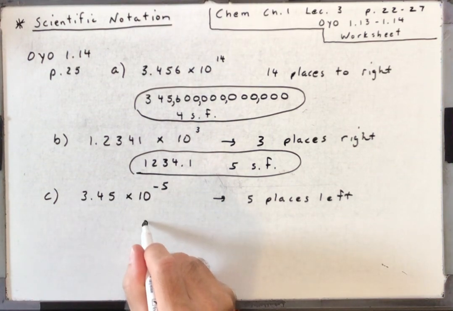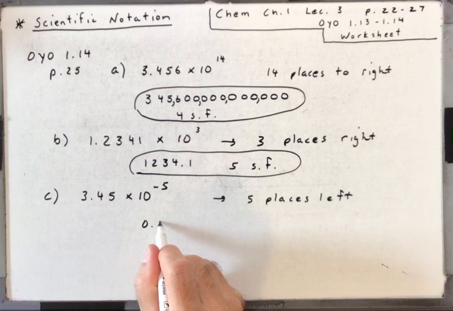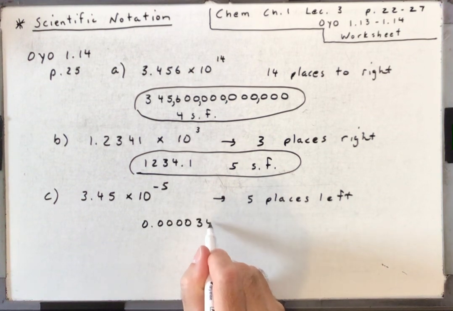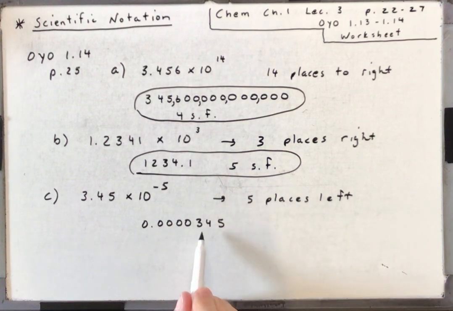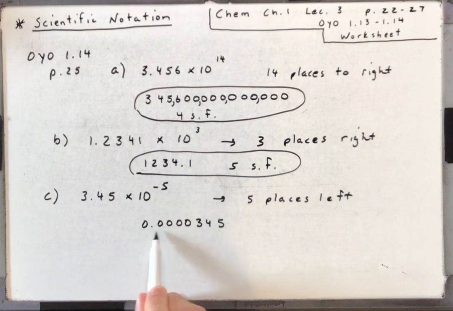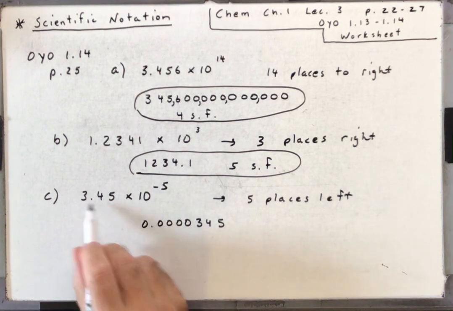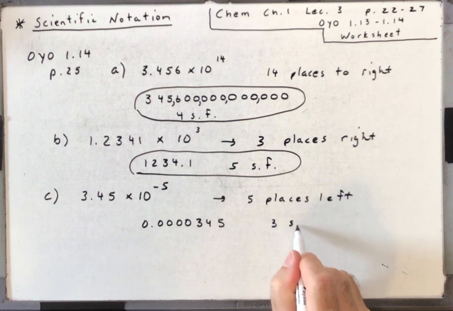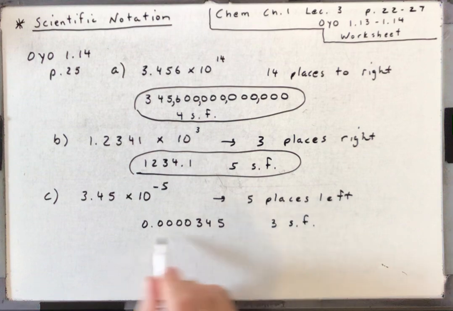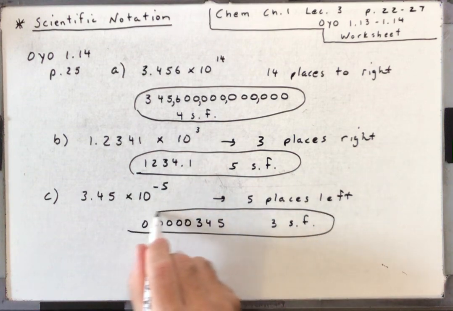So that would be leading 0, 0, 0, 0, 0, 3, 4, 5. So just counting there, our decimal was originally here, so 1, 2, 3, 4, 5. We've got it in the right spot. And that's 3 significant figures because none of these leading zeros meet the significant figure rule.